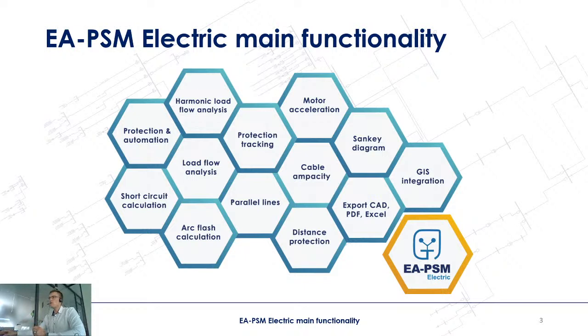First of all, the main functionality here is load flows, and load flow analysis allows to estimate what are the current levels and voltages in the network. It allows to select equipment, cables, basically all the electrical network equipment. Then we have short circuit, which is needed for protection coordination and as well for equipment selection.